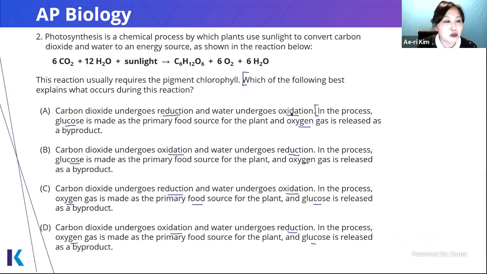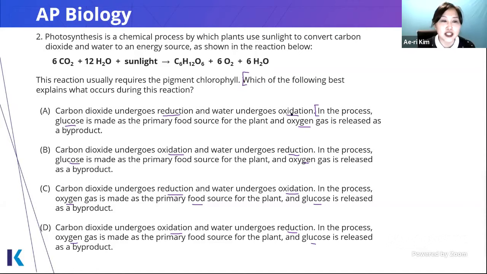Is it that we are making glucose as the primary food source for plants and oxygen is released as gas? Or are plants using oxygen as their food source and glucose is a byproduct? What do you think? I want you to think about that and tell me, is glucose the food or is oxygen the food for plants? I've got a hunch on this.